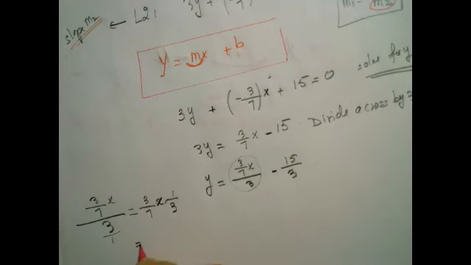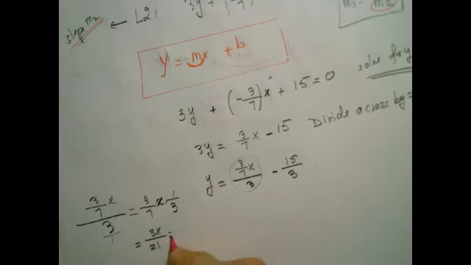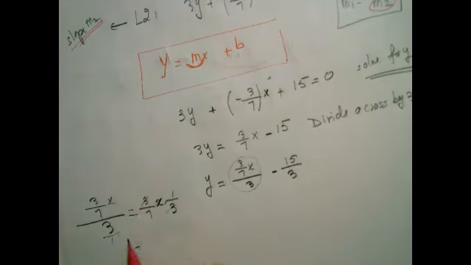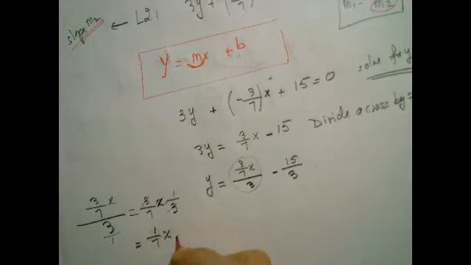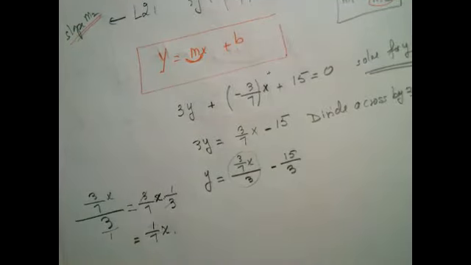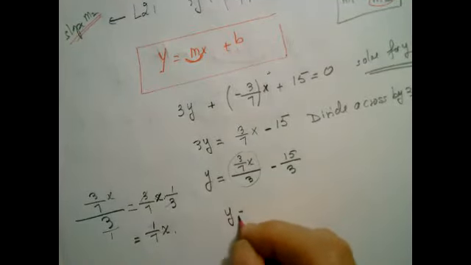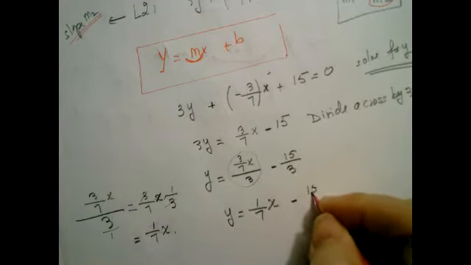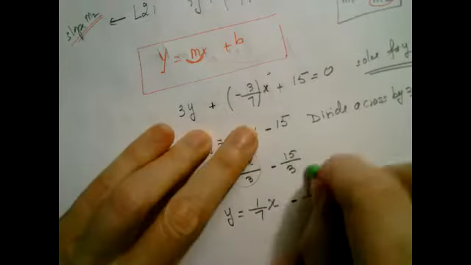Multiplication of fractions means I will have 3x over 21. But obviously, this 3 and 3 can simplify. I don't really have to write it like this immediately. I will have 1 over 7 times x. So this will give me 1 over 7 times x minus 15 over 3, which is 5.